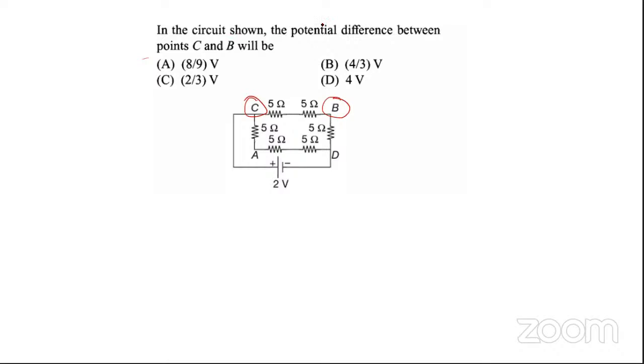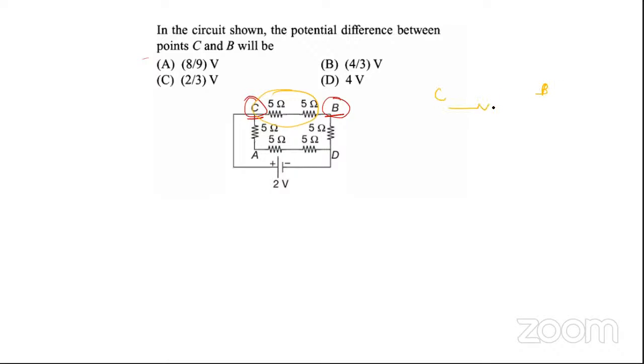We want to find the potential difference between C and B. So first let's try to find out how much current is actually flowing into the circuit. Alright, and to find that we have to find out the equivalent resistance. So I can see these both are in series.